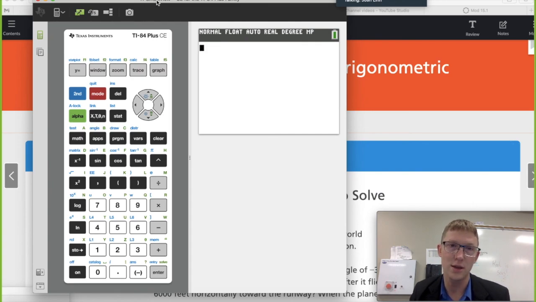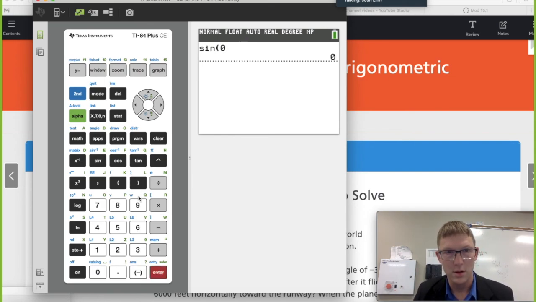So you can check that. Since we're in degrees, we know that sine of 0 degrees would be 1, right? Or 0, that's what I meant. And then sine of 90 degrees would be 1.